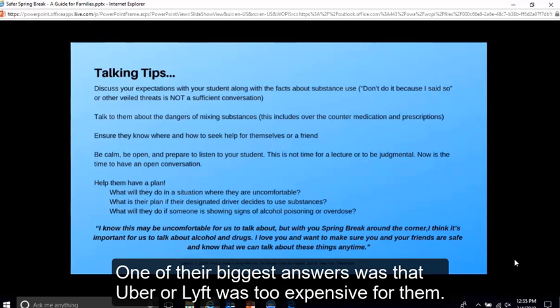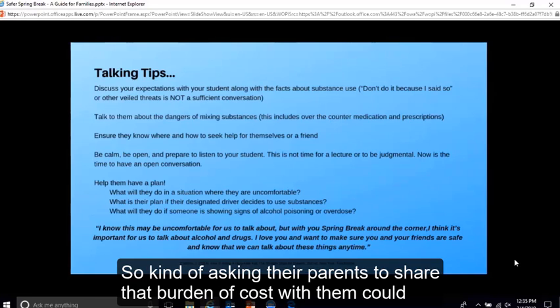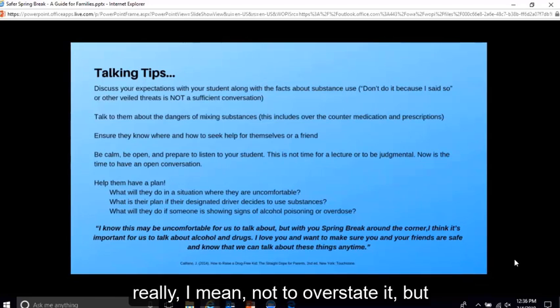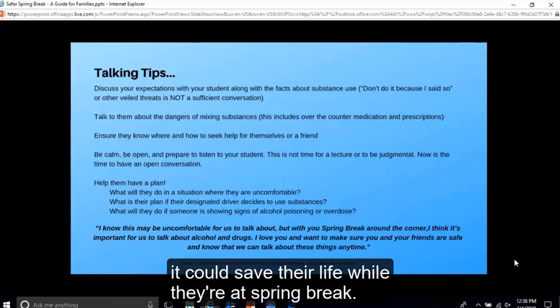One of their biggest answers was that Uber or Lyft was too expensive for them. So kind of asking their parents to share that burden of cost with them could really, not to overstate it, but it could save their life while they're at spring break.